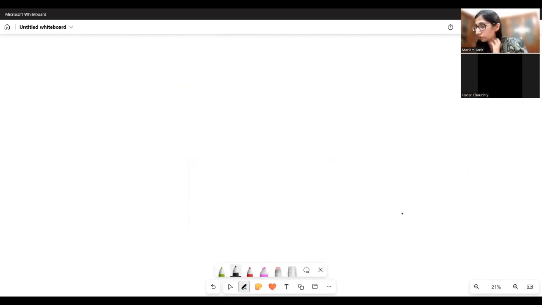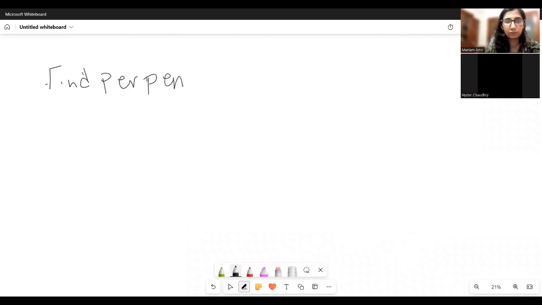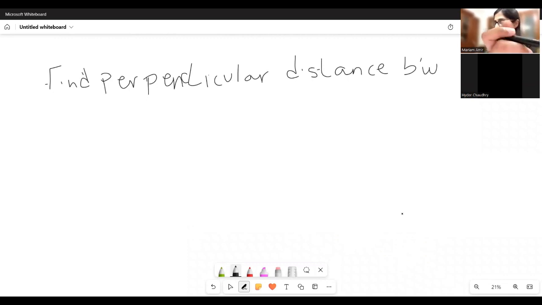So again, the same question: find the perpendicular distance between the point 1, minus 6 and minus 1.